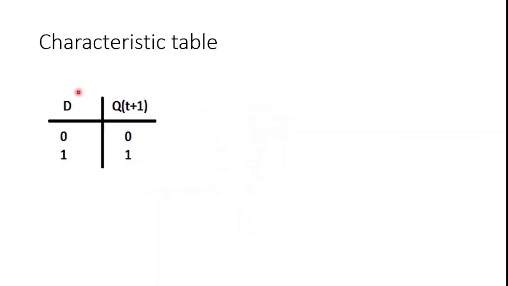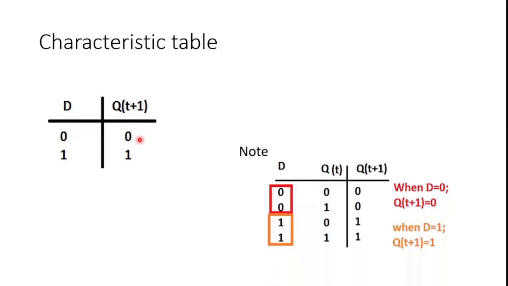So this is the characteristic table. As I have mentioned, when D is 0 you will get Q(t+1) is 0, just like the truth table has mentioned. When D is 0, it doesn't matter what you have in here. When D is 0 you will have 0 at the Q(t+1) always.